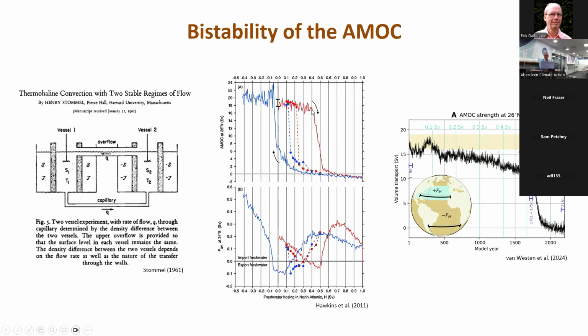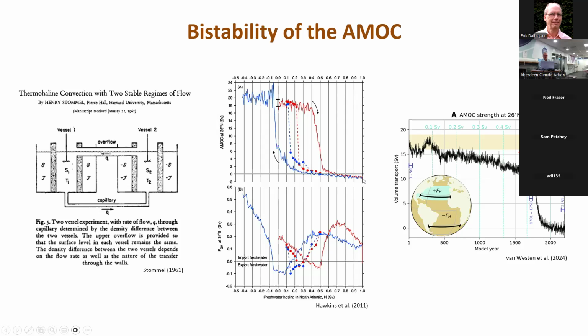And this is the system transitioning from this thermally driven regime to a salinity-driven regime. We've hit a threshold where it's switched, and then as we continue along the red line, increasing the freshwater forcing, we see that the system stays weak.